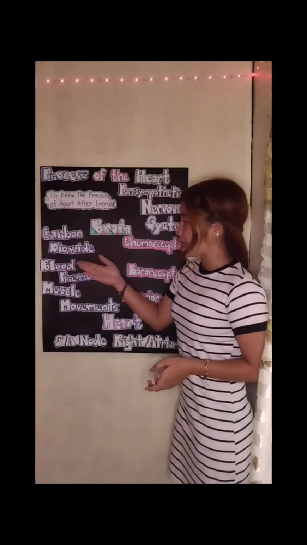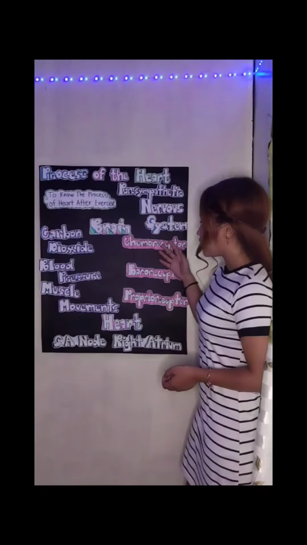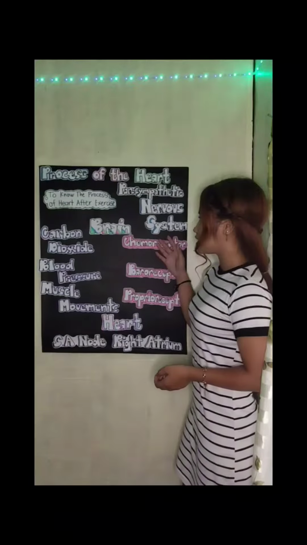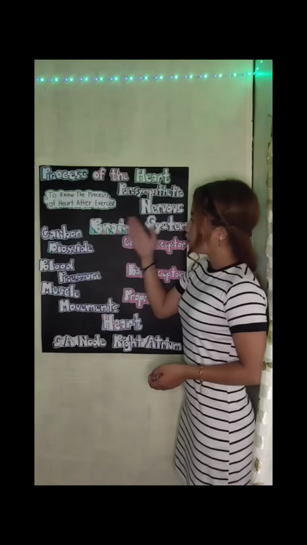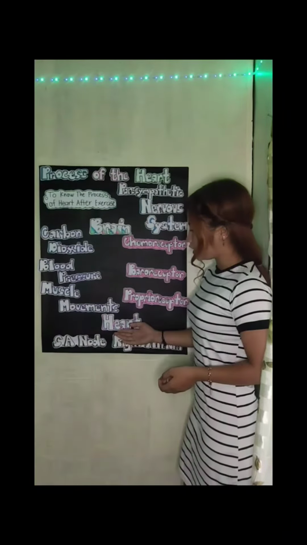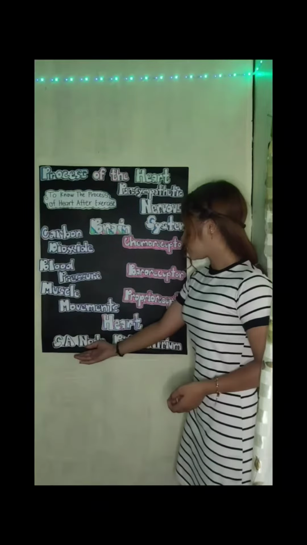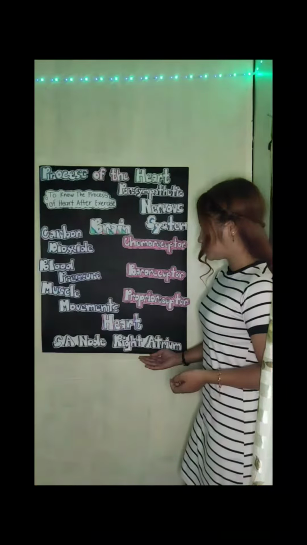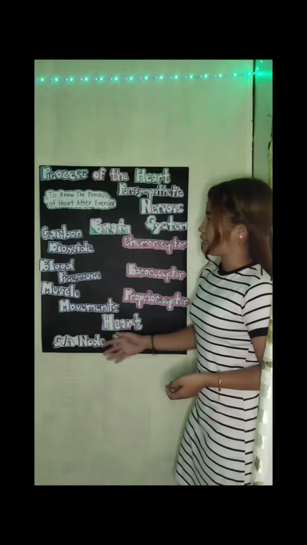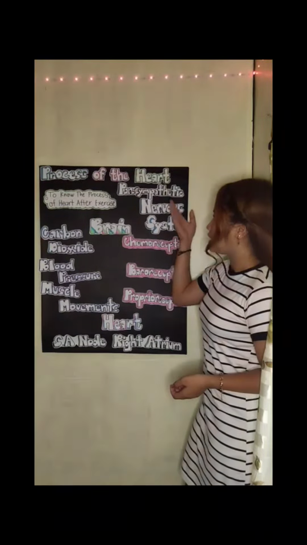After exercise, our carbon dioxide, blood pressure, and muscle movements are decreasing. These 3 receptors will detect it and send a message to our brain, and our brain will send the message to our heart at the SA node, specifically at our right atrium. This process is called the parasympathetic nervous system.